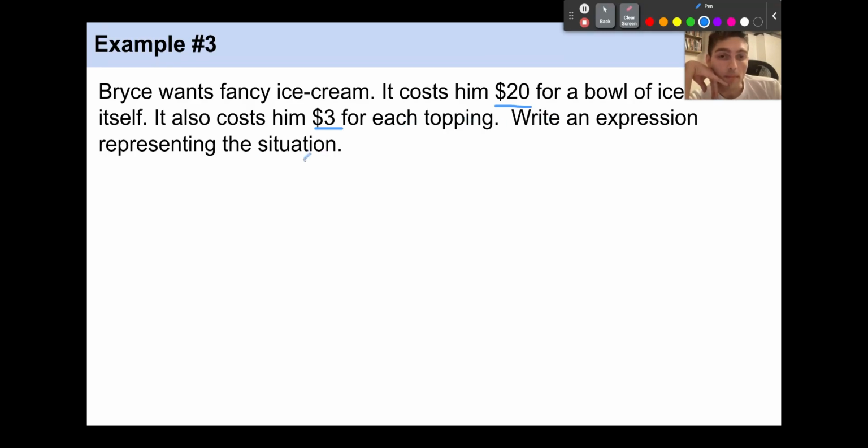Write an expression representing the situation. Okay, well, let's just get it out of the way. He's going to spend $20 on his ice cream. And what are we going to add to it? We're going to add that $3 for every topping.